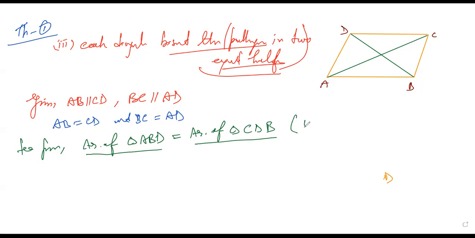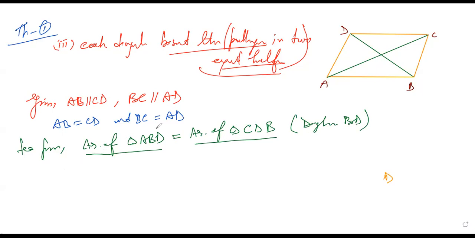If I'm talking about the diagonal BD, you can also take it for AC. If you take the diagonal AC, then we will go for the triangles ABC and ADC. So you just need to understand which diagonal we are talking about, and according to the diagonal, the triangle will change over there.